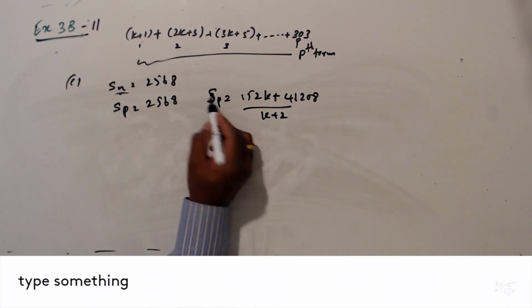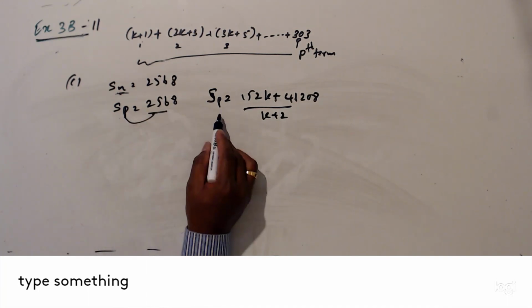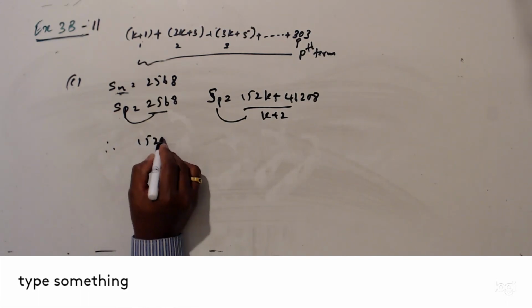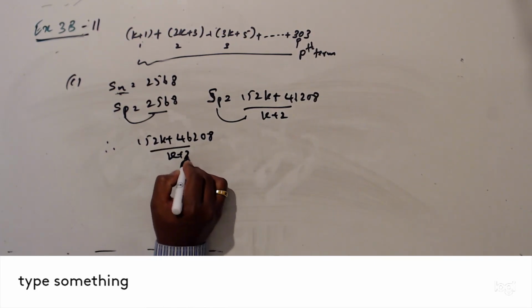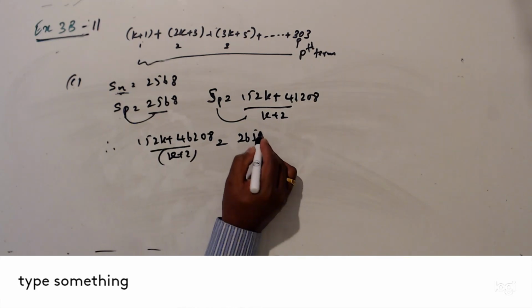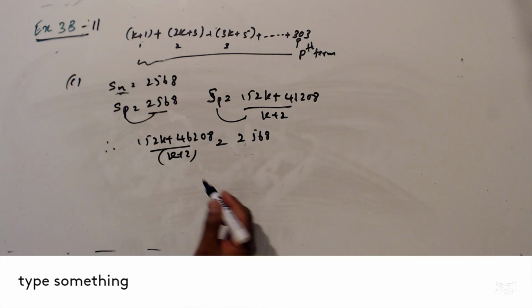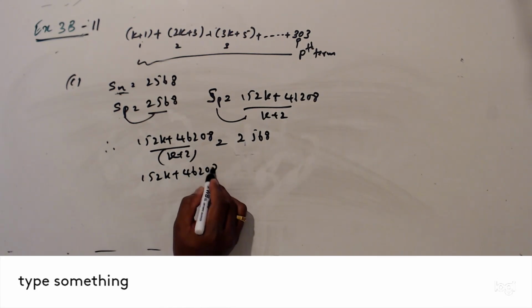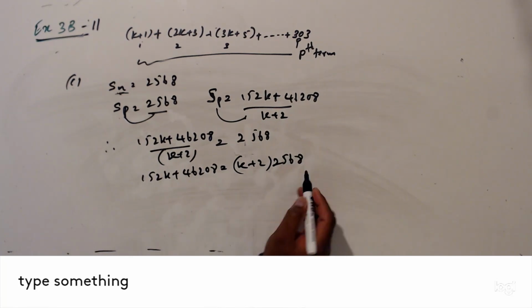So Sp equals this one and Sp equals this one, hence 152k plus 46208 over k plus 2 equals 2568. Then cross multiply and we have to simplify to 152k plus 46208 equals (k plus 2) times 2568.